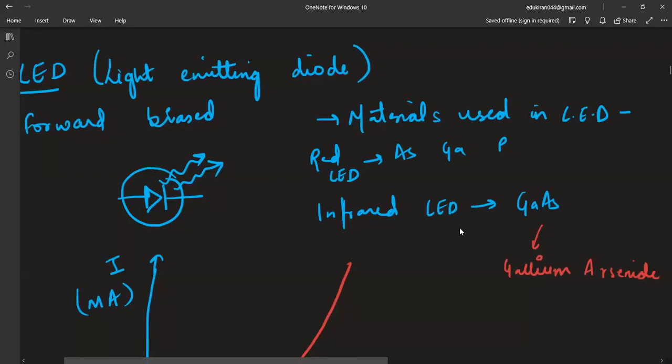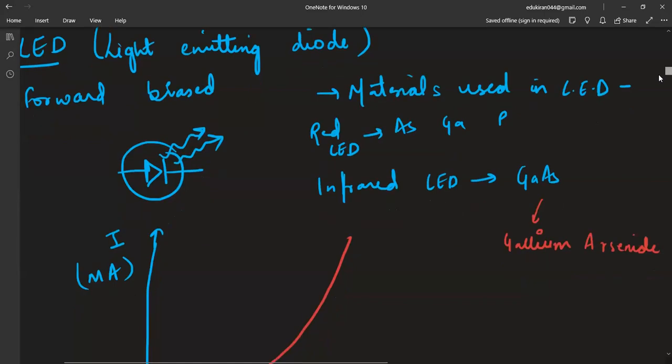Now see, two types of lights are used. Red LEDs are there and infrared LEDs are there. So red LEDs use arsenic, gallium and phosphorus. Infrared LEDs use the compound gallium arsenide. So here elements are used, here a compound is used. So these are the materials used in LED.